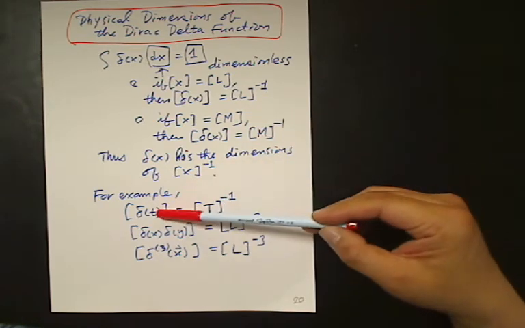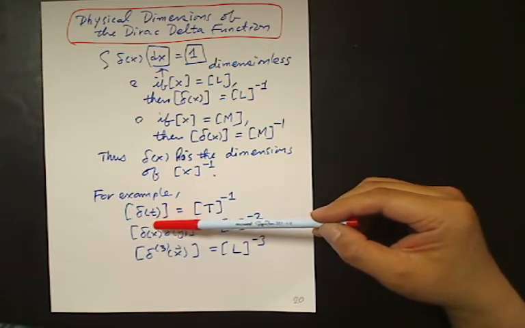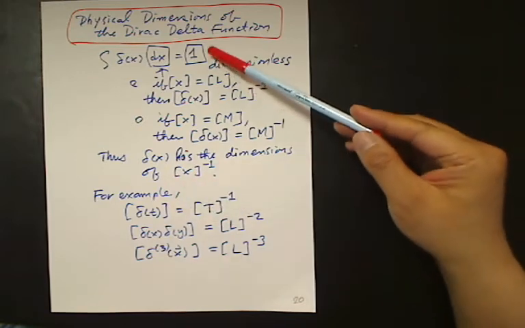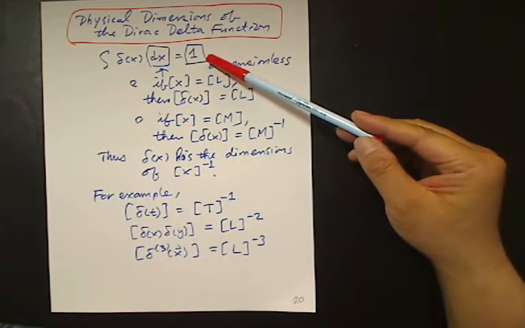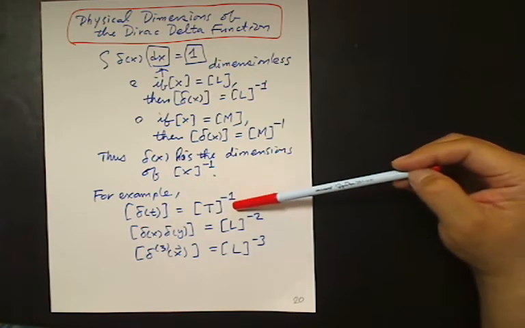Alright, for example, if the delta function is a function of time and we integrate over time, the result is a dimensionless number. That means that this delta function is inverse time.